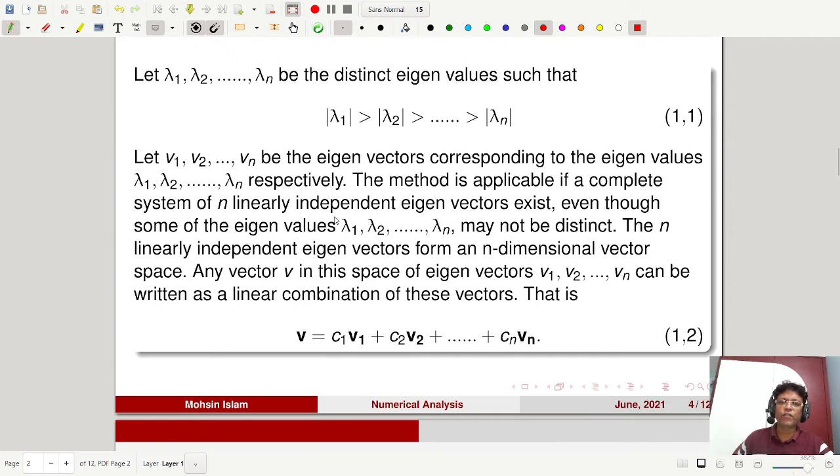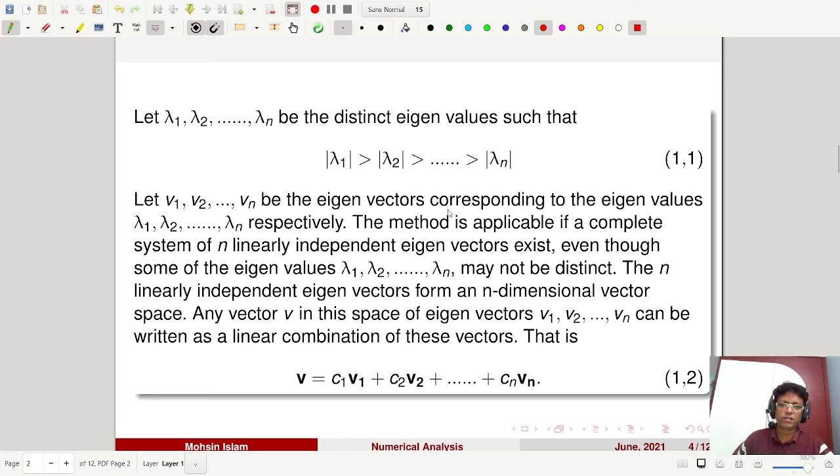Let v1, v2, ..., vn be eigenvectors corresponding to the eigenvalues lambda 1, lambda 2, ..., lambda n respectively. The method is applicable if a complete system of n linearly independent eigenvectors exists.